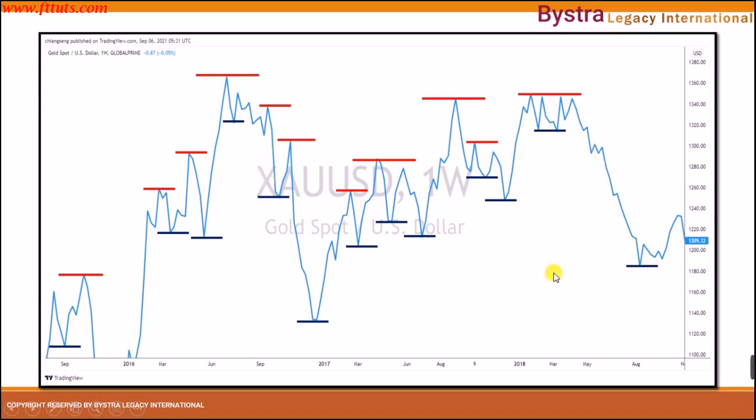Like I said earlier, the resistance and the support should consist of a few candles, not just 3 candles. What I mean is like this. I'm going to mark this area first with a red circle, and then we're going to move to the candlestick chart and have a look at what this area is.